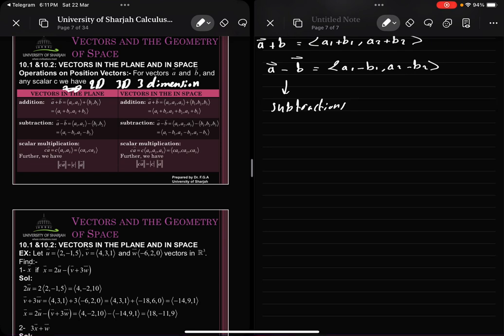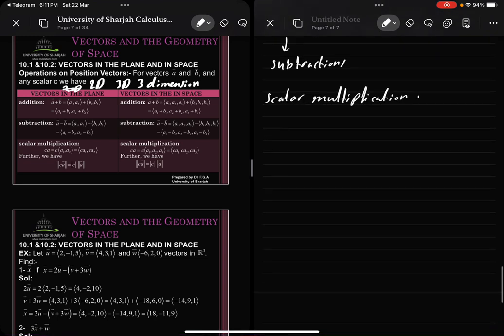And for scalar multiplication, for example, c multiplied by vector a, it will be c times (a1, a2), and it will be c a1, c a2.